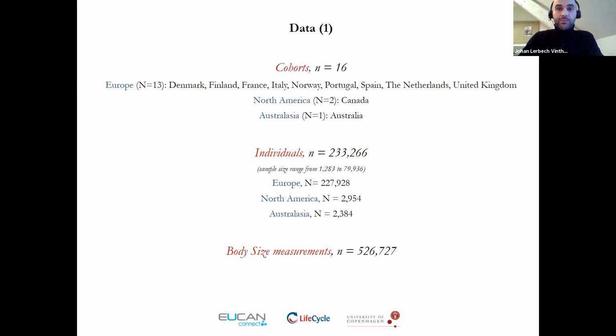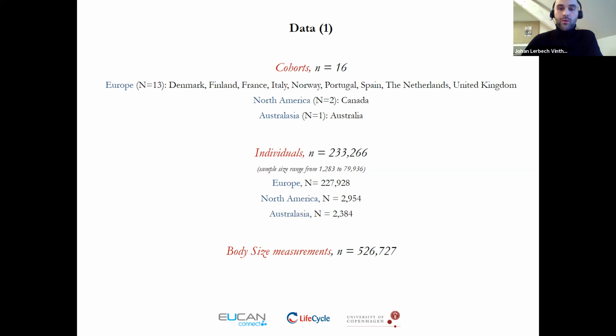You see the vast majority, of course, from Europe, with more than 200,000, and the North American and Australian cohorts are relatively smaller. The sample size within each study ranges from approximately 1,300 to up to 80,000, and maybe many of you know, but the largest ones are from Denmark and Norway, DNBC and MoBa.